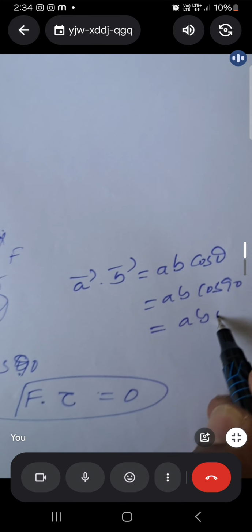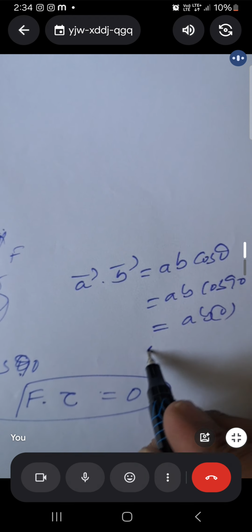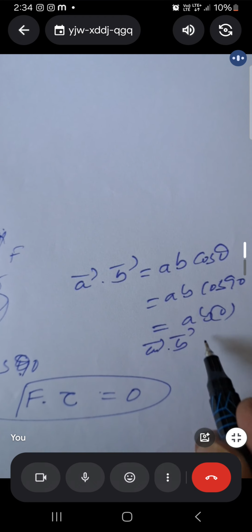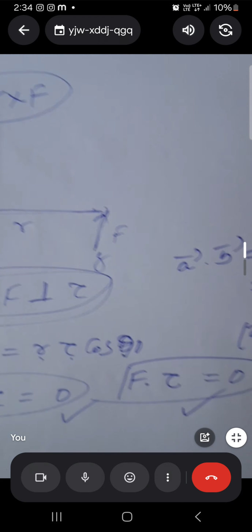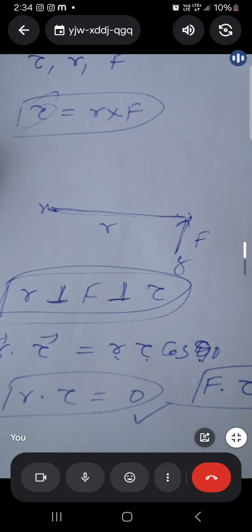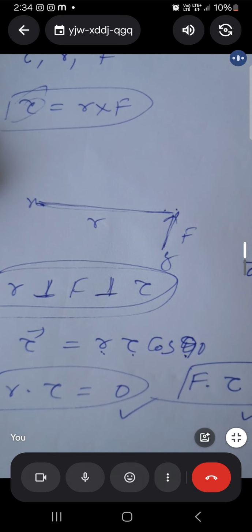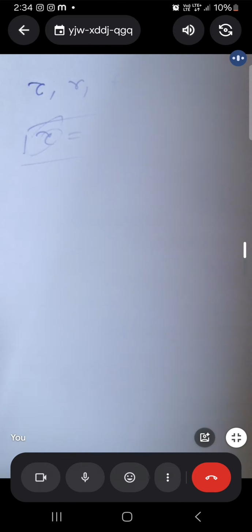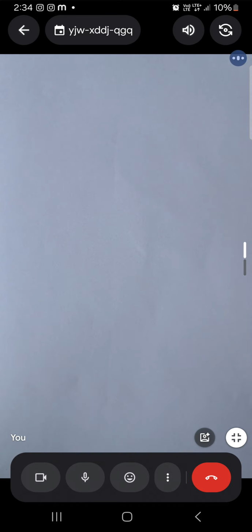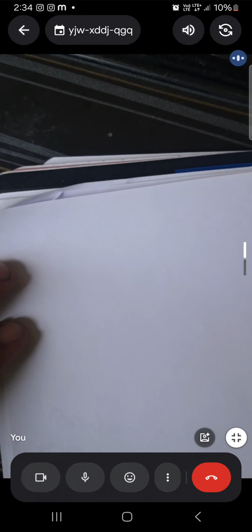So this dot product is 0. These two are 0 because these three are perpendicular to each other. You understood, right? Any doubts? Okay. So 4 questions are complete. Fifth question.